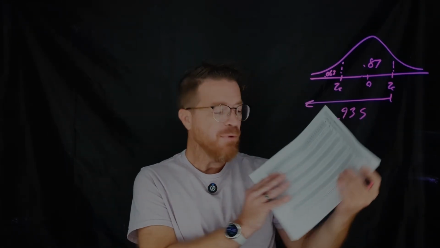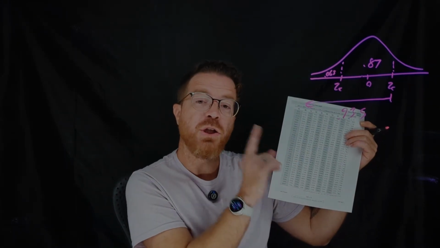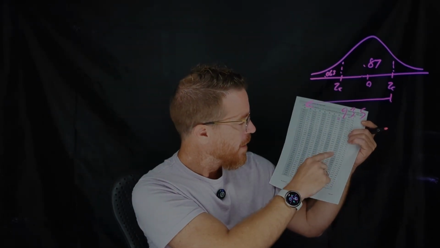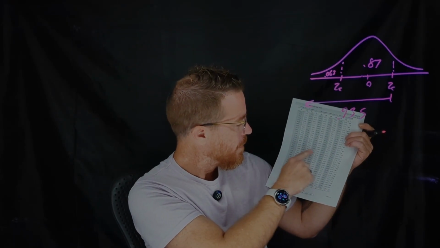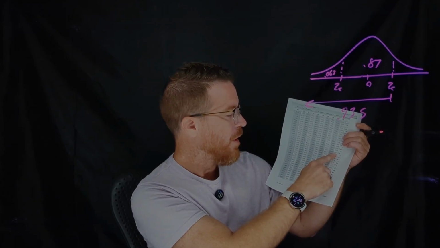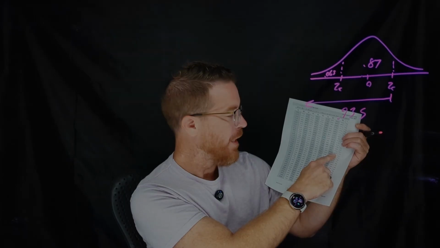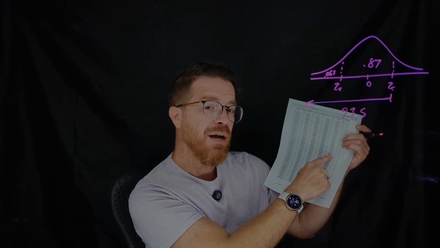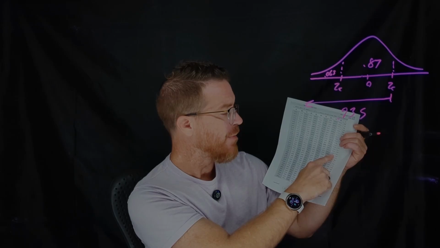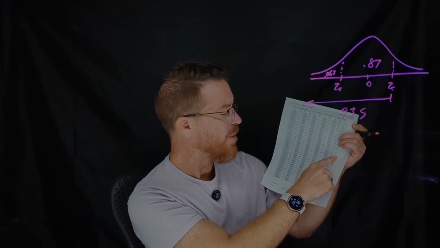So again, going to my table, I'm going to look for the value that is closest to 0.935. So I go here and I get 0.9332 is the value below it. 0.9345 is the value above it. So it's closest to the value 0.9332. So this is going to be equal to 1.50.